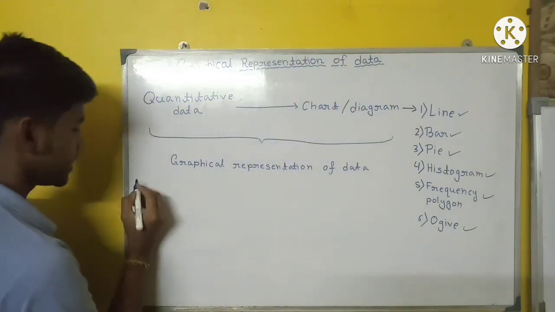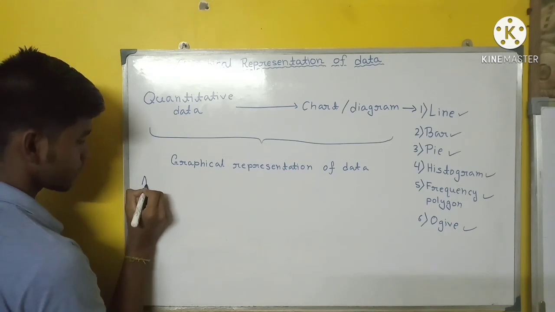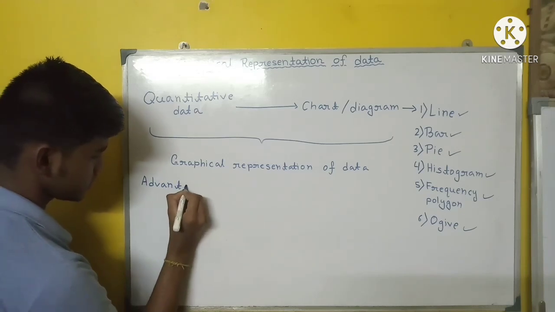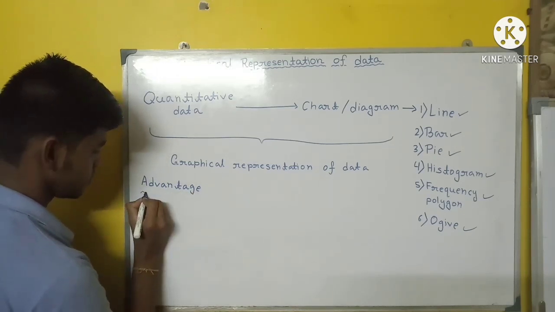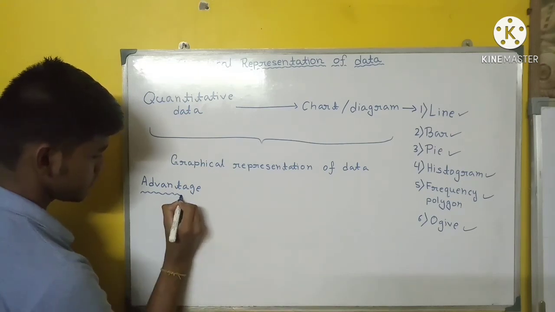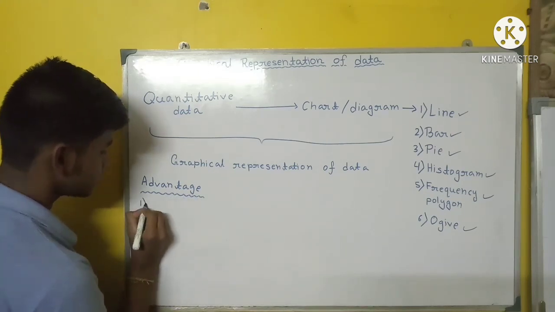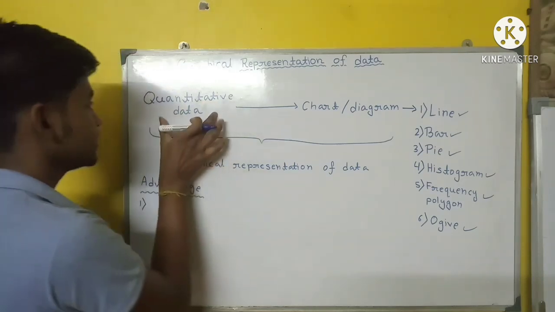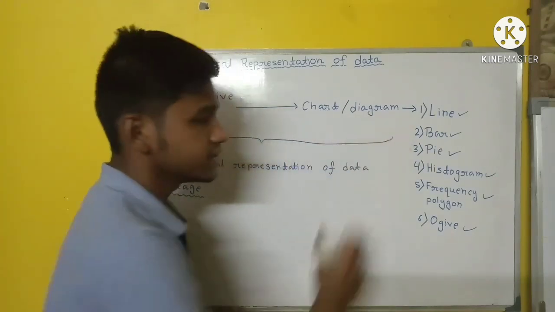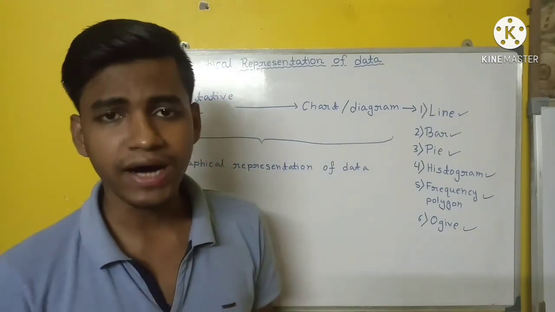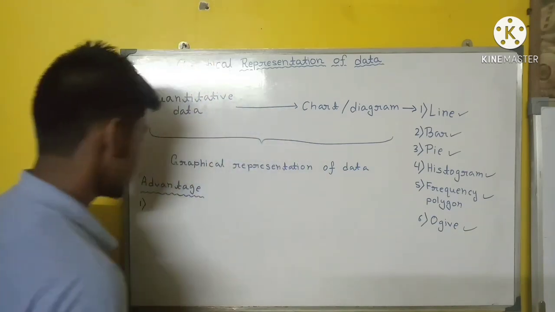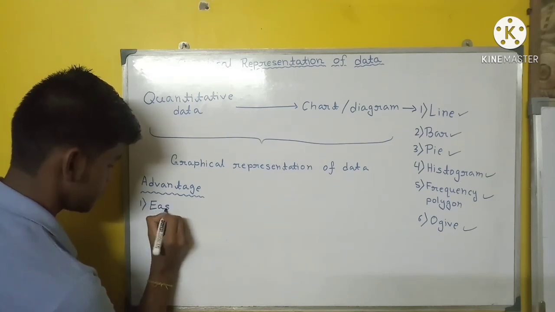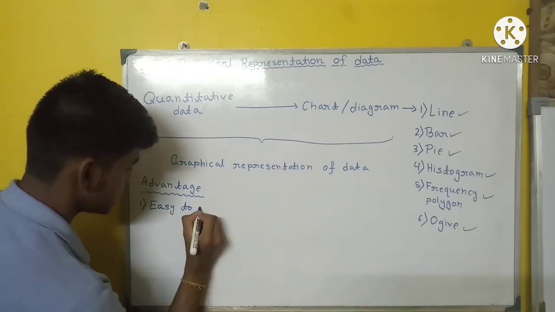So the first advantage is, when you represent the quantitative data in some chart or diagram, then it will be very easy for everyone to understand the quantitative data. That means the first point is easy to understand.